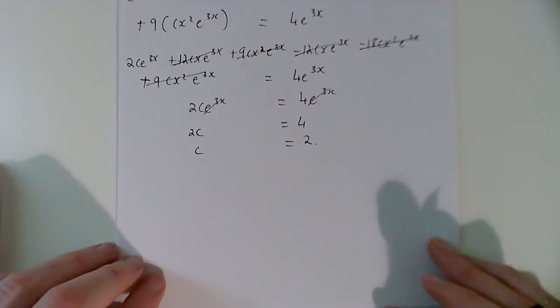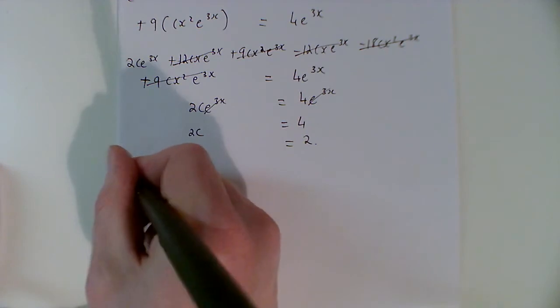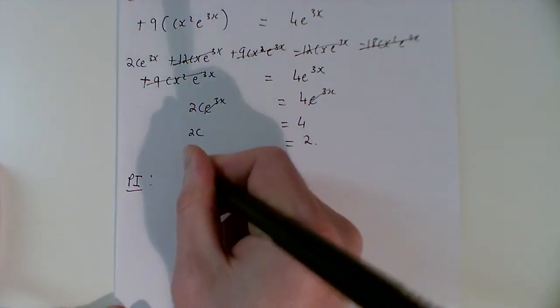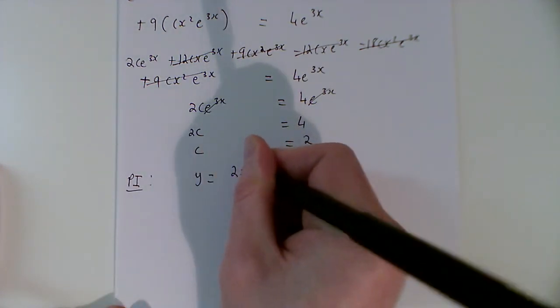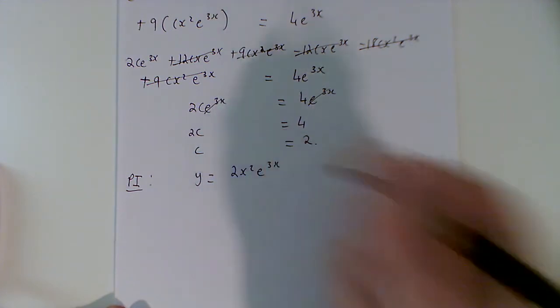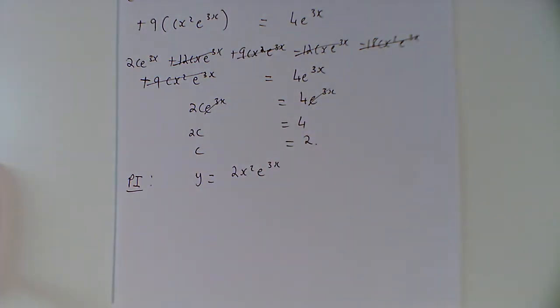So that means that our particular integral is y equals 2x squared e to the power of 3x. So we worked out what our particular integral was, or our trial function. We differentiated it twice, using the product rule twice.